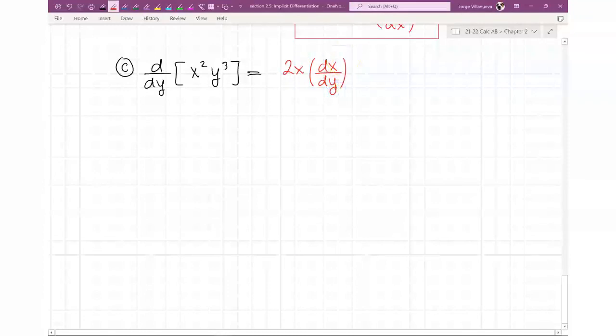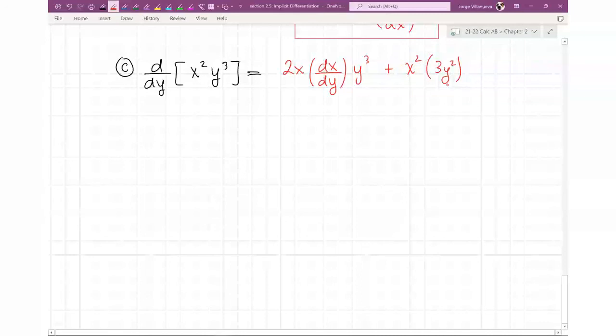So I got to write dx dy. Okay, times y cubed plus, rewrite x squared, times the derivative of y, which is 3y squared.